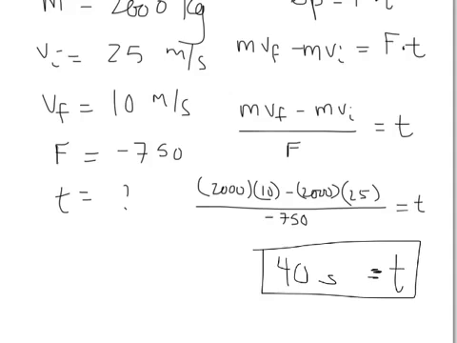Negative 3,000. Yeah, 10 seconds you should get. A quarter of the time, because 3,000 is 4 times 750. So if the force of the brakes can be quadrupled, it will cut my time in 4 to brake.